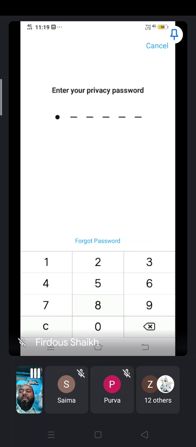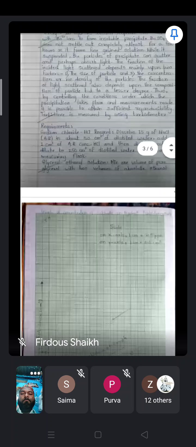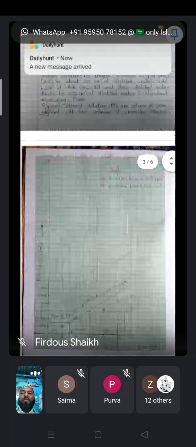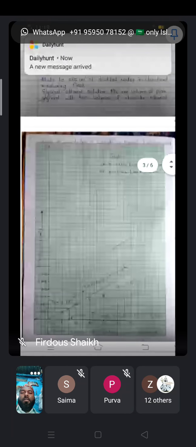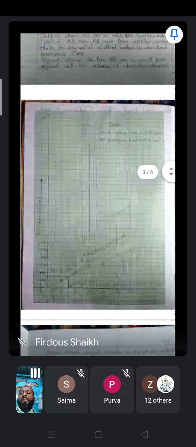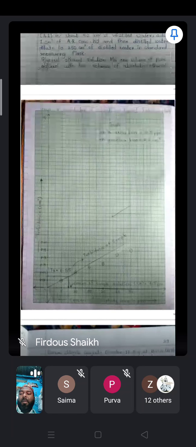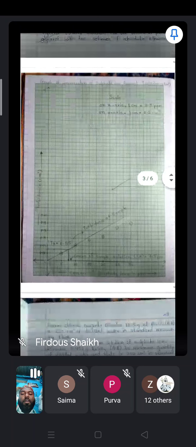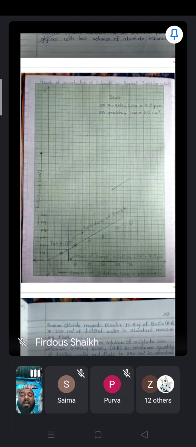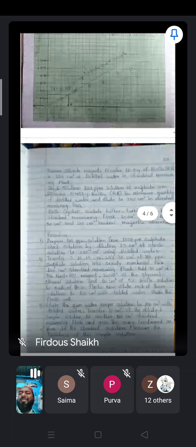The graph is again very simple, as we have seen. Turbidity versus the concentration of the sulfate ion solution. We have to plot this graph. It is again a straight line graph, and directly you will get the concentration of the sulfate ion present in the solution. Only the reagents are important during the practical.